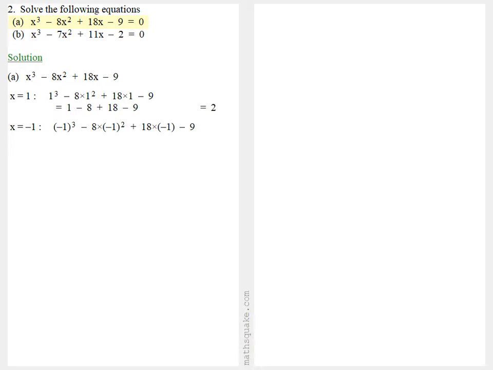If we try x equals minus 1, we get minus 1 cubed minus 8 times minus 1 squared plus 18 times minus 1 minus 9, which is minus 1 minus 8 minus 18 minus 9, which is minus 36.